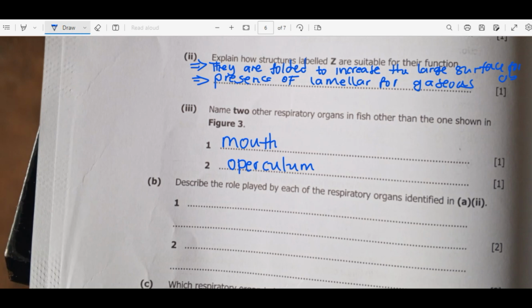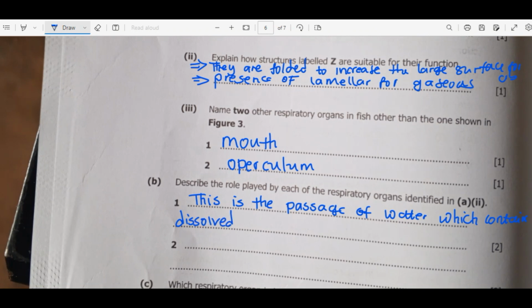So the mouth is just the passage of water which contains dissolved oxygen, which will diffuse into the gill filament. That is the importance of that.